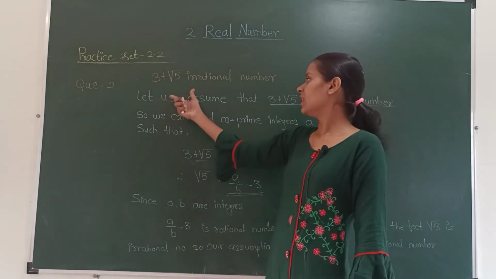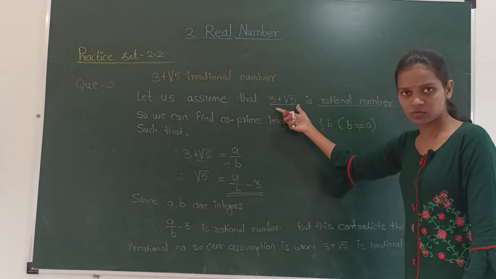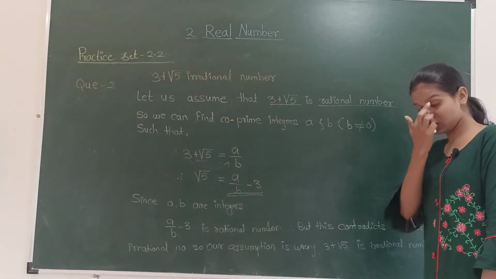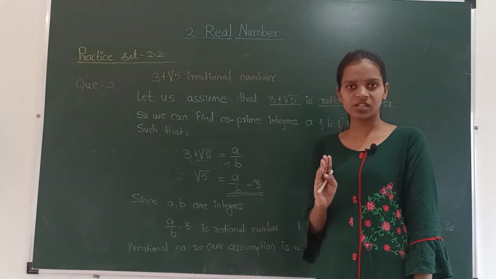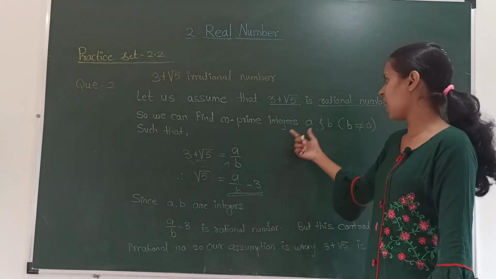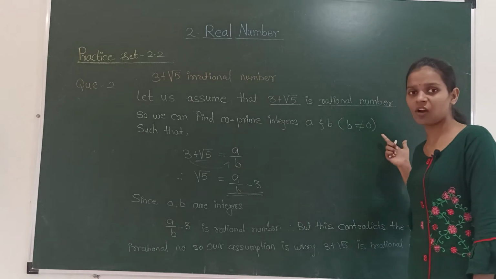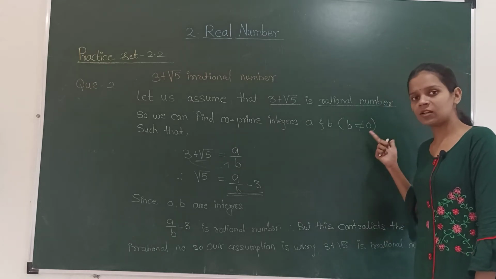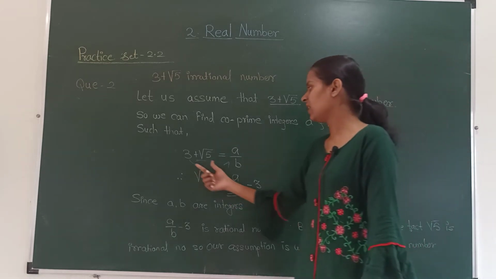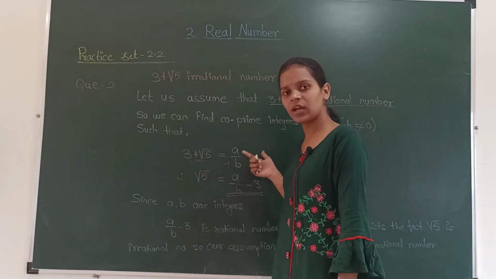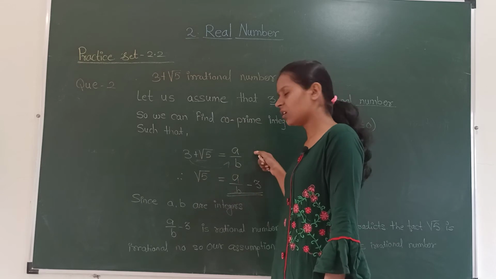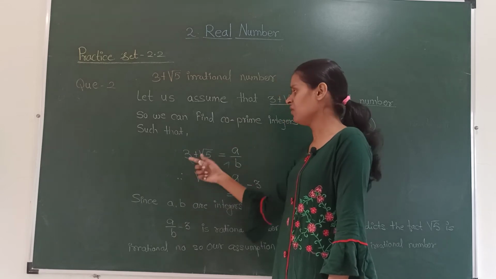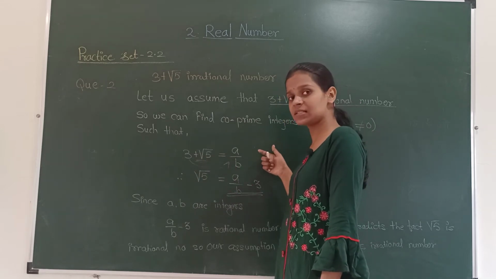How to prove it? Let's assume that 3 plus under root of 5 is a rational number. So we can find its integers. Co-prime integers are a and b, where b cannot be equal to 0. b is a non-zero number, such that 3 plus root 5 is equal to a upon b, where a and b are integers. If we shift 3 over here, it will get minus.